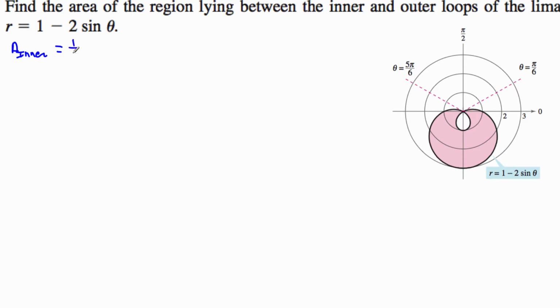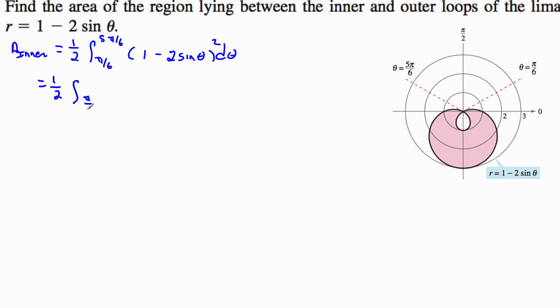So this is 1/2 the integral. Now my lower limit is pi over 6. My upper limit is 5 pi over 6. And this is 1 minus 2 sine theta, quantity squared, d theta. This is one of those times when you simply are going to need to multiply it out.